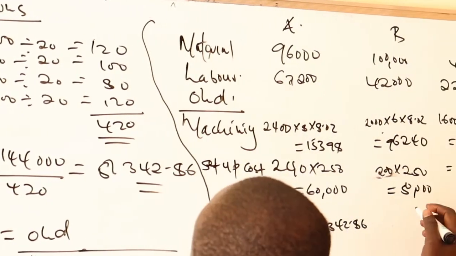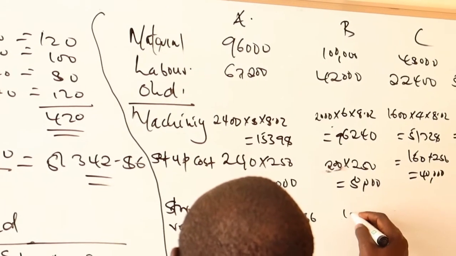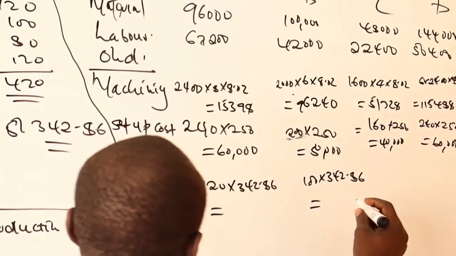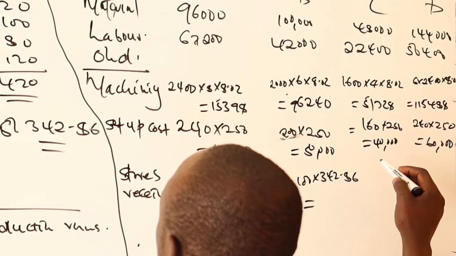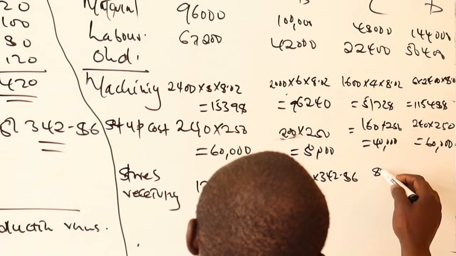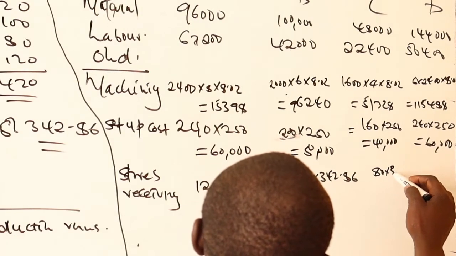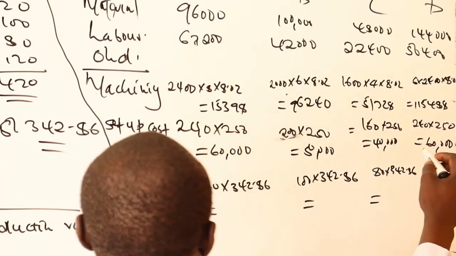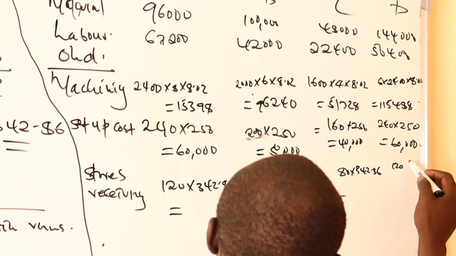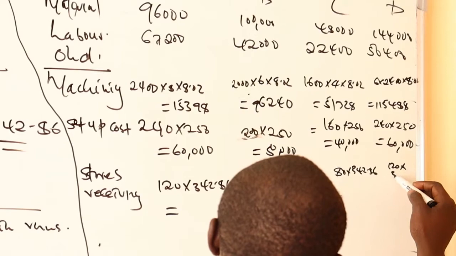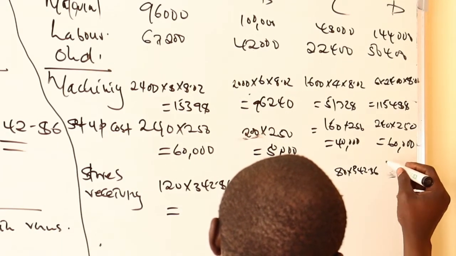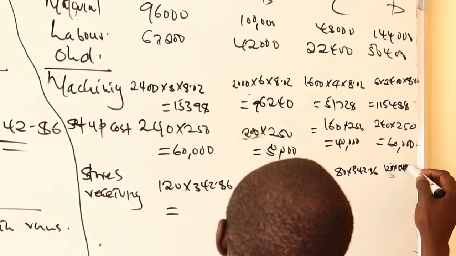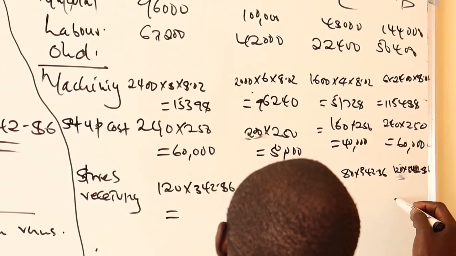And then the other one is going to be 100 times 342.86. And this one is going to be 80 times 342.86. And lastly, 120 times 342.86. Get the answer there.